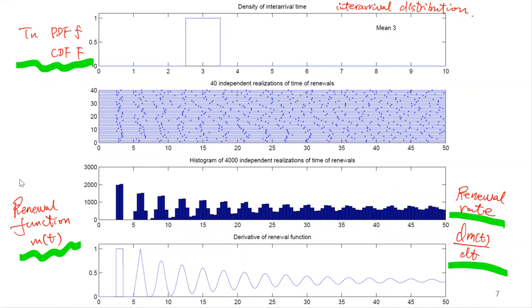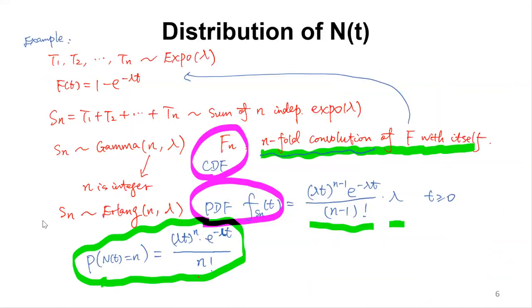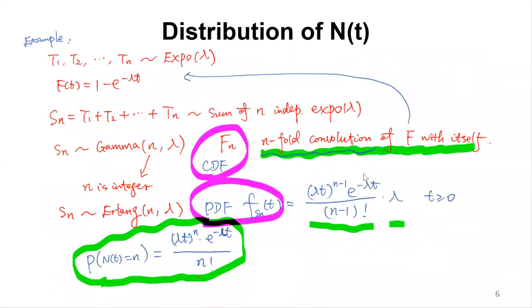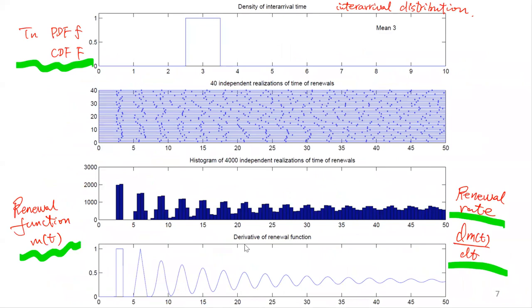So we can derive the renewal function based on this equation. If you check the MATLAB function for this demo, you will see I used this equation to derive M(t). Once I derived M(t), I took the derivative, so I am able to get the derivative of the renewal function, dM over dt.